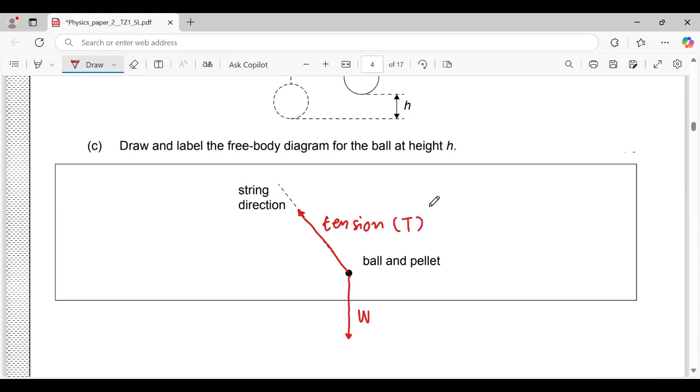Tension T is acting upward along the string, while weight due to gravity acts downwards.